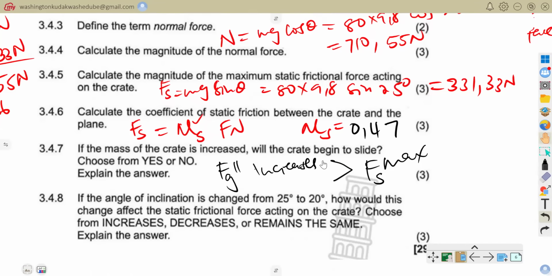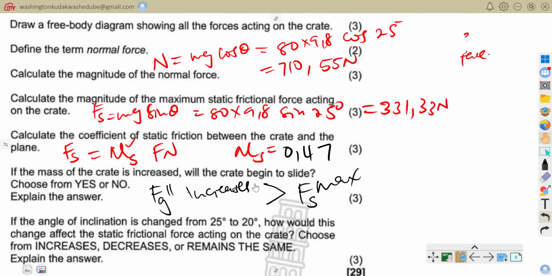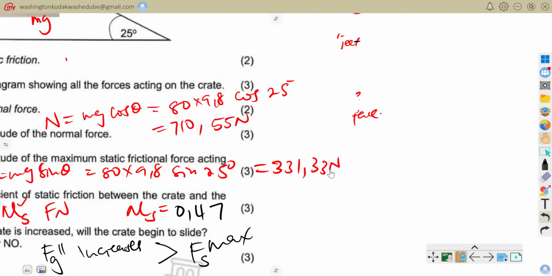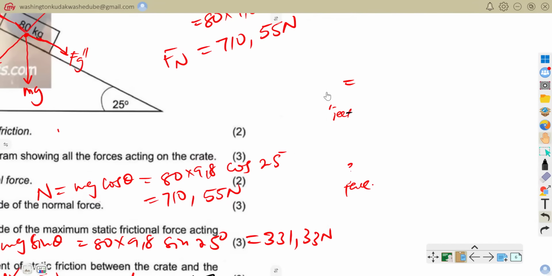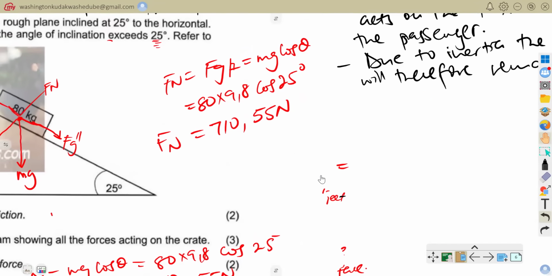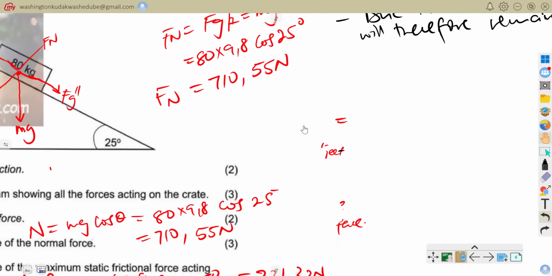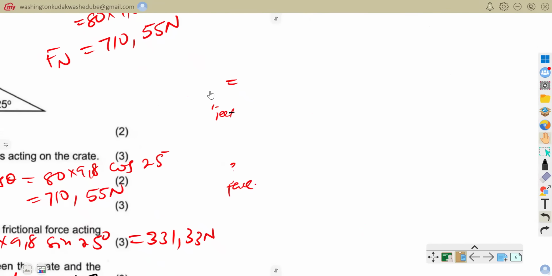Let's try to answer this from this perspective of what we're doing here. I have an object that is inclined there, and as it is inclined, the mass is the one being changed.